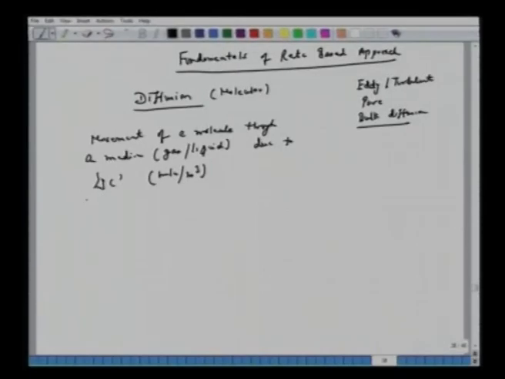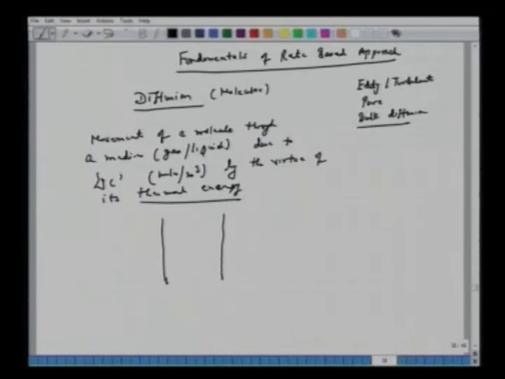So a molecule is moving or getting transported because of concentration difference here, moles per cubic meter, of course by the virtue of its thermal energy. So we are saying that thermal energy is required for this movement of the molecule from one plane to another plane. That means the rate is going to be dependent on the temperature, right? We are talking of temperature here.